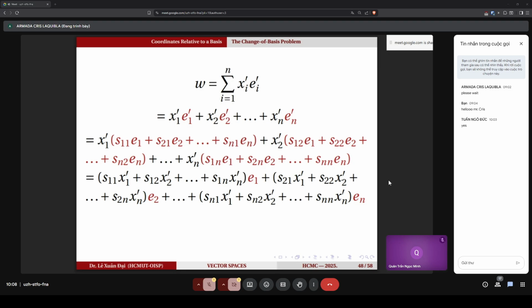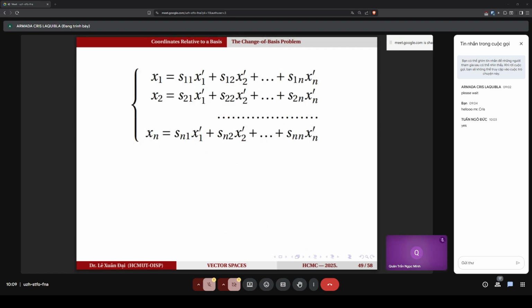Now, as you can see here, from W with the xi prime, we can express them with e1, e2, en. And that is actually now your xk. So take all of this to be x1. And then these values here, the black ones, make that x2. And then this one, sn1 x1 prime until snn xn prime, make this your xn. Okay, and we have that.